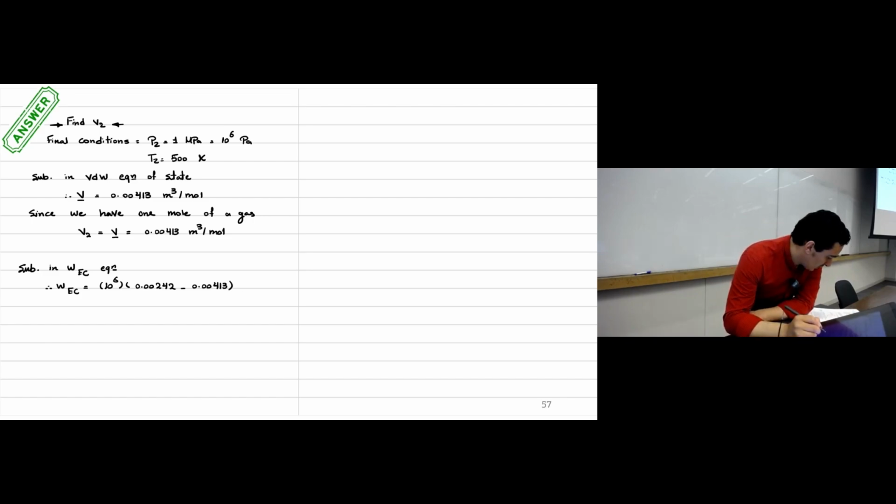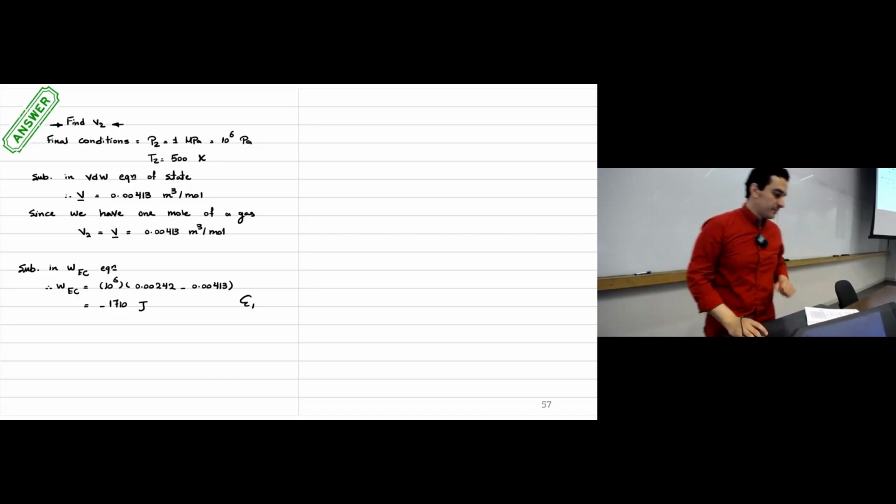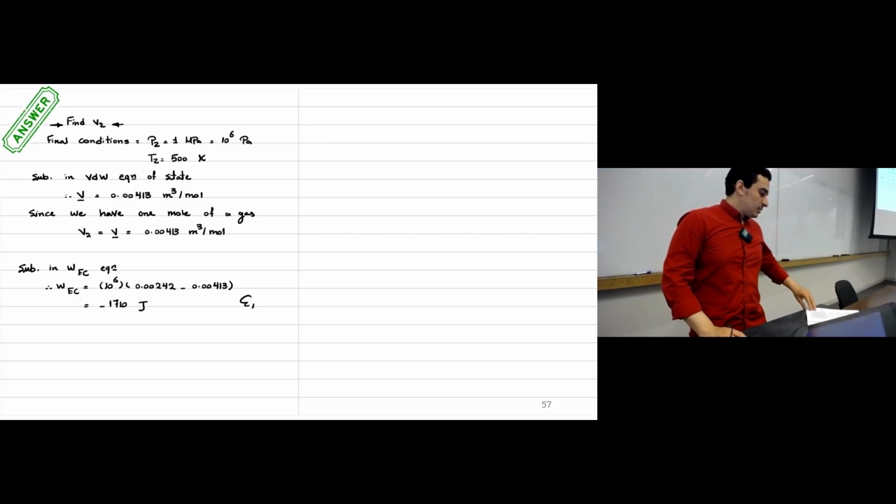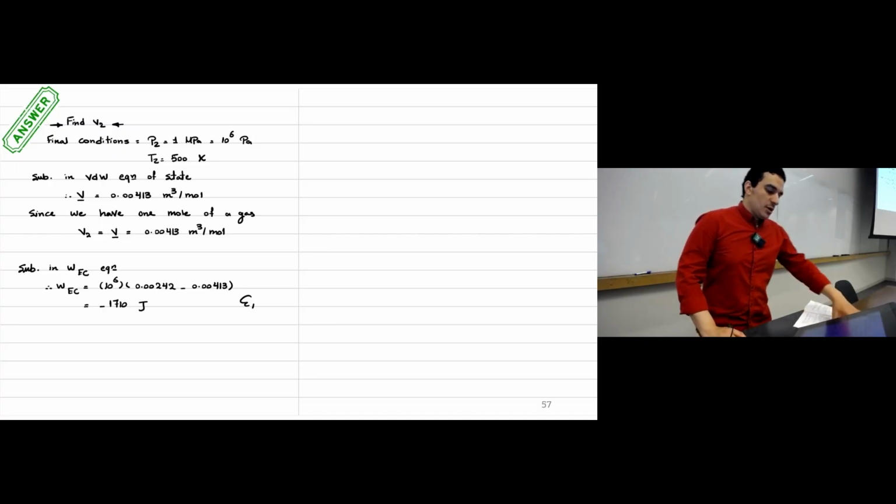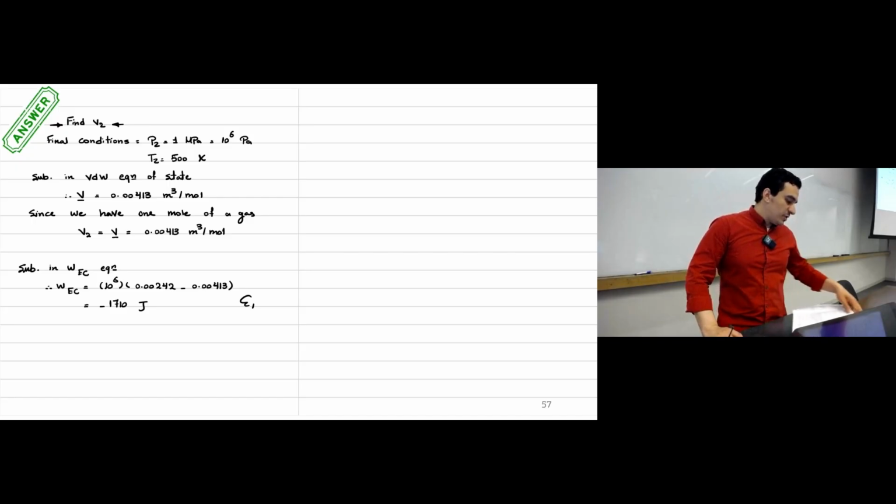If you substitute and use these values, then the work of expansion, contraction will be negative 1710 joule. And this is the first requirement we have. Okay. Clear? Any questions? Okay, so this will be the first part.